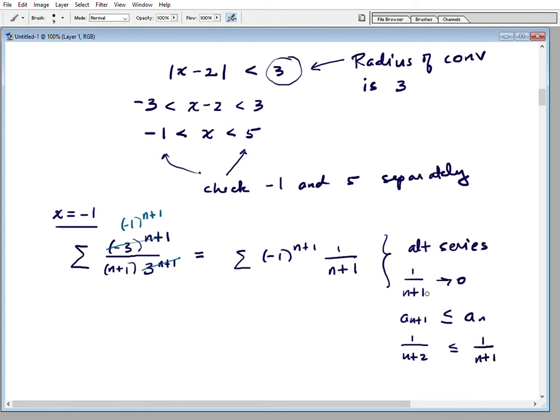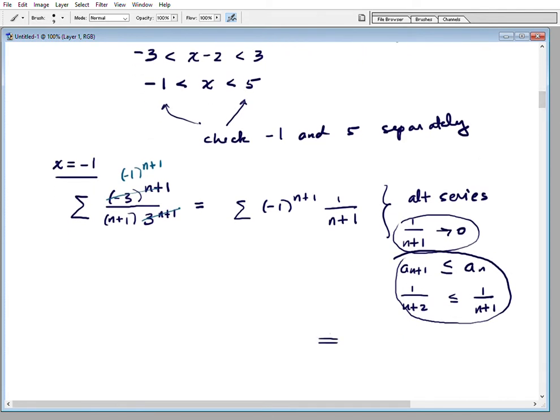So those are the two conditions that we need for the alternating series test. So this converges. So that's x = -1.